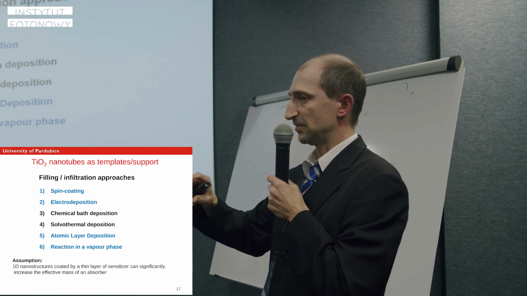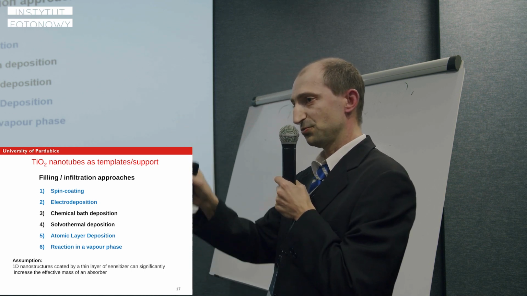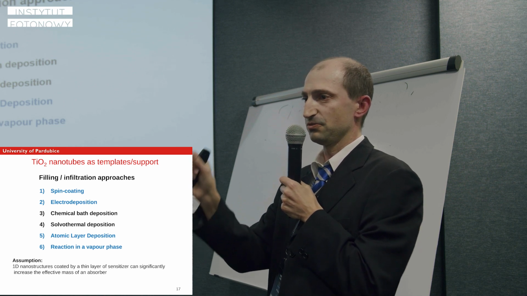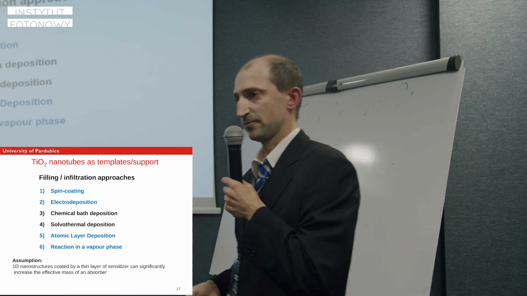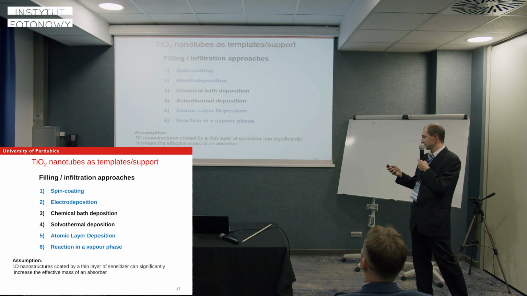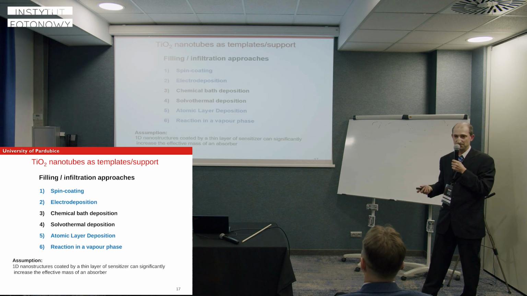You need lots of material, and it's impossible. But if you have nanostructured material, you need only a few nanometers, and you can get the same effect. If it's vertical, yeah, that's true. So that's another assumption we wanted to verify, whether it's true or not.